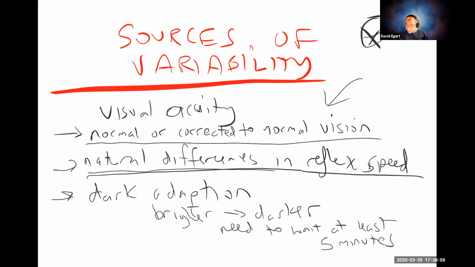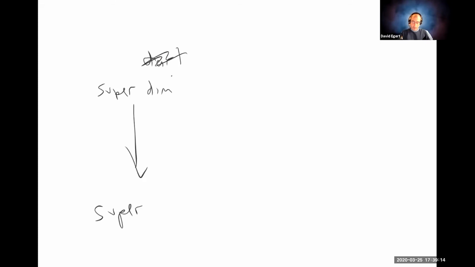So this brings up an interesting question. What if we just started in super dim and went to super bright and just got our data first here? Here we would never have to worry about dark adaptation.